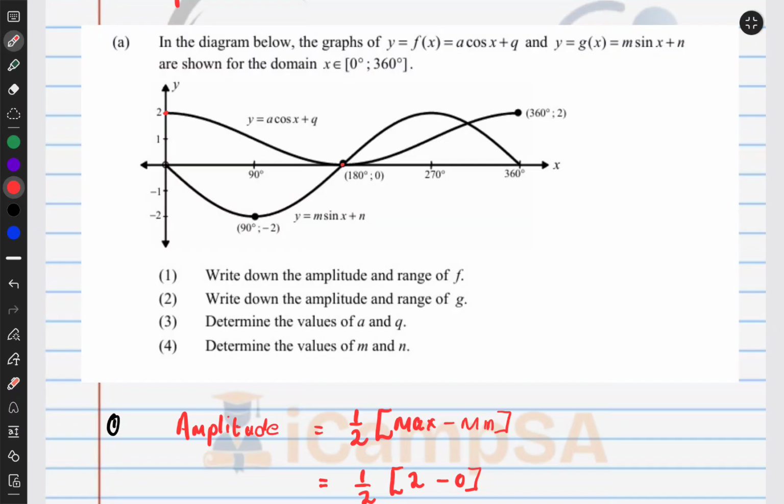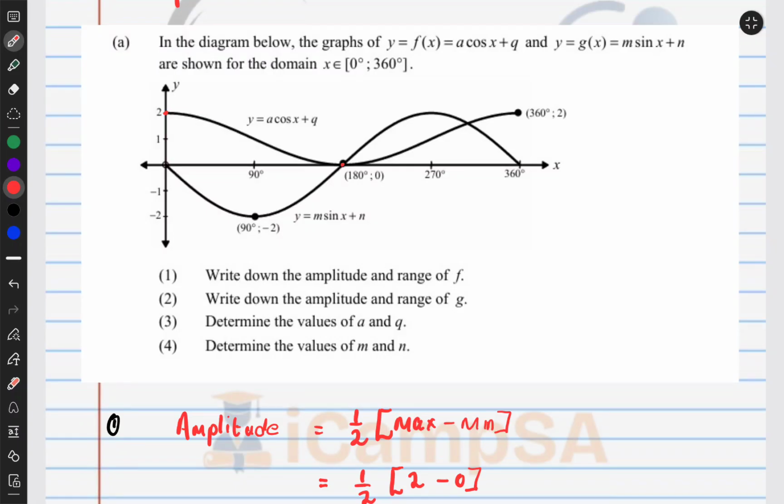Okay, so I will show you another formula for calculating the vertical shift, but first things first.